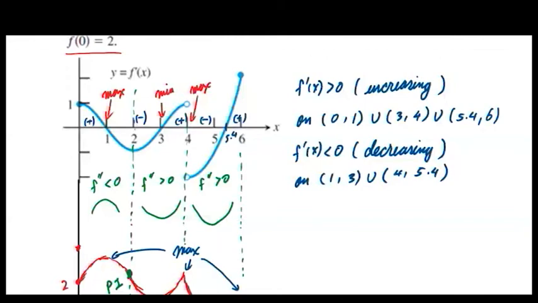And this is min. Do you see how to read this graph? Because I can say sketch this, or I can say find the interval where it's increasing, decreasing, find the max, min, justify. I can write so many variations of test questions out of this one graph. By far my favorite. You get it?